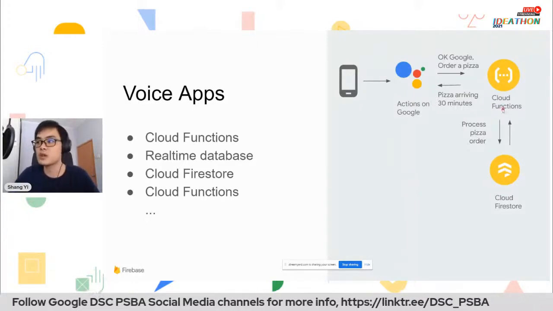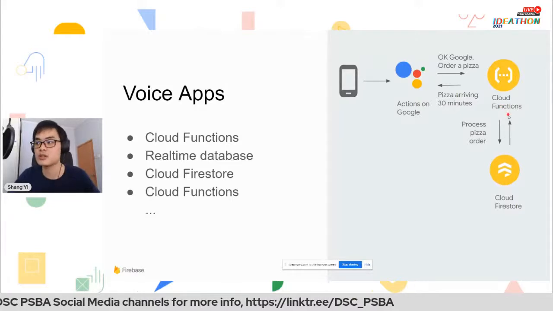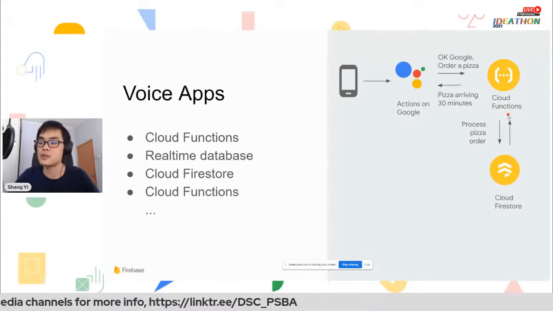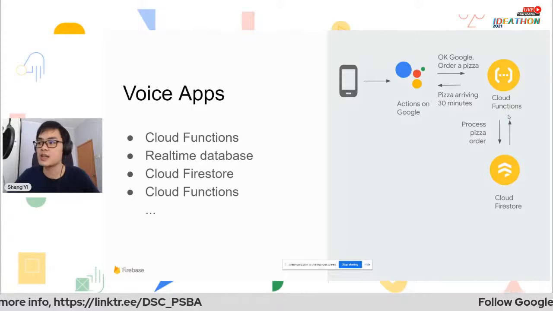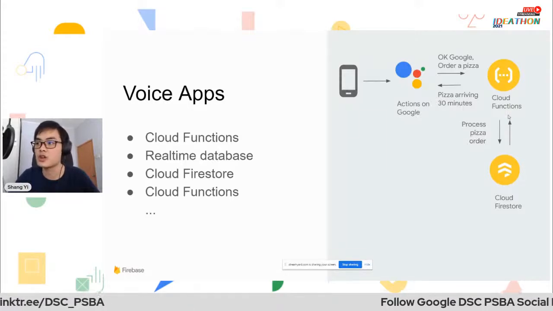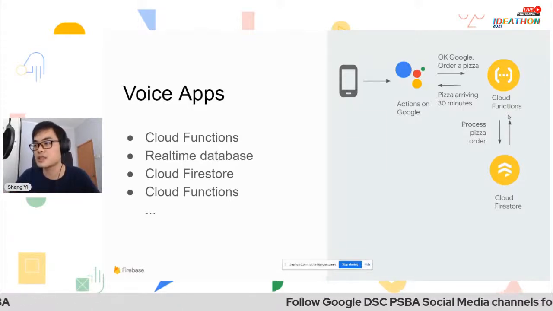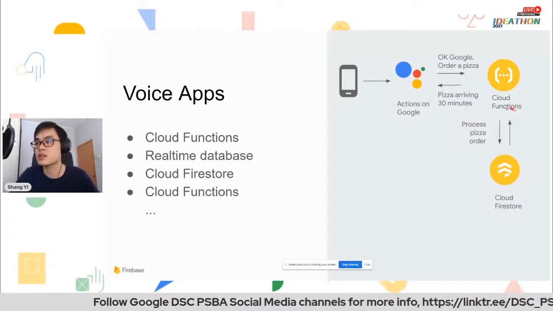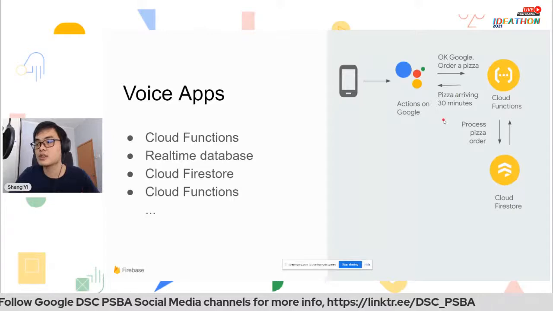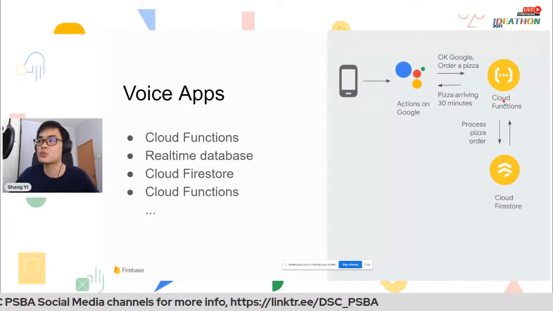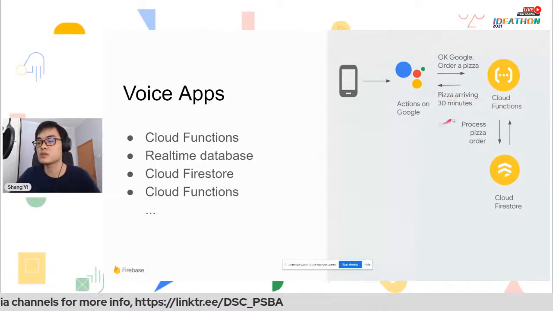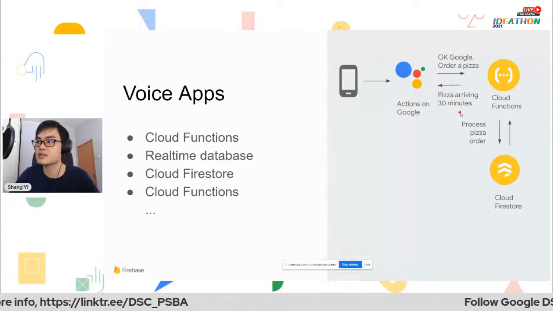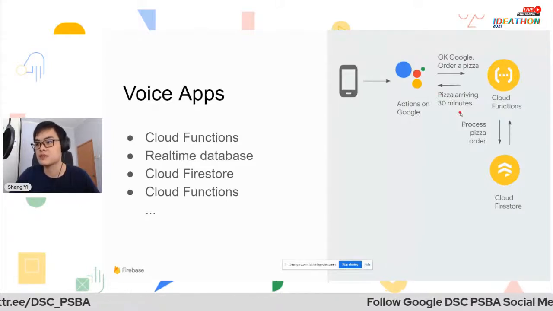And you can, of course, write code in your Cloud Function to process that order: determine how much each pizza is, what the size is, and the total price. Then you send an invoice, charging the customer's card, for example. Once that's all done, you can confirm the pizza order and output to Actions on Google a sentence saying the pizza is arriving in 30 minutes, for example.